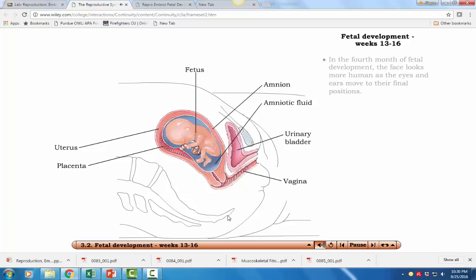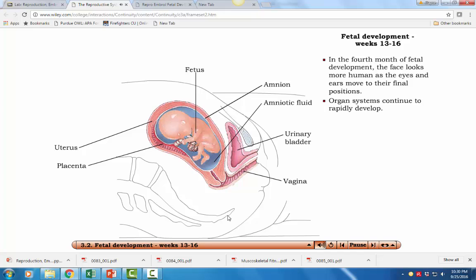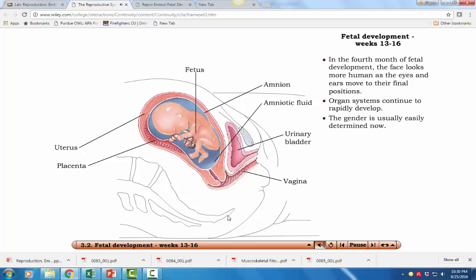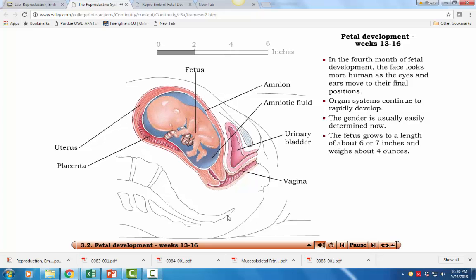In the 4th month of fetal development, the face looks more human as the eyes and ears move to their final positions. Organ systems continue to rapidly develop. The gender is usually determined easily now. The fetus grows to a length of about 6 or 7 inches and weighs about 4 ounces.